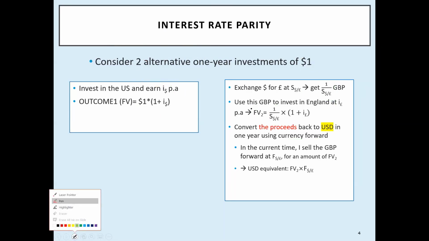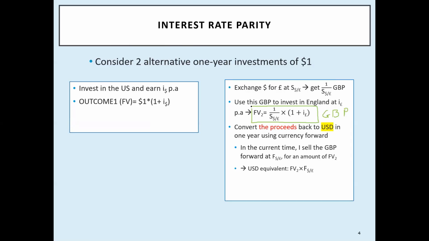When I look forward for a year, I expect to earn this much after a year, and this is in pounds. So if I want to eliminate any exchange rate risk exposure, at time 0, I'm going to enter into a forward contract to hedge this position.